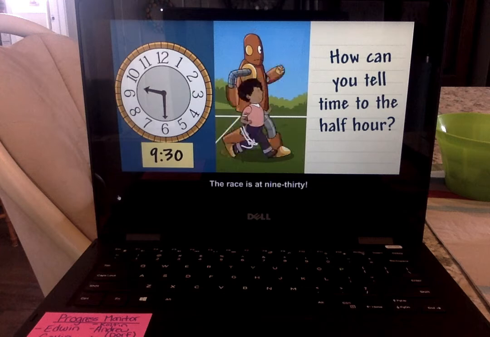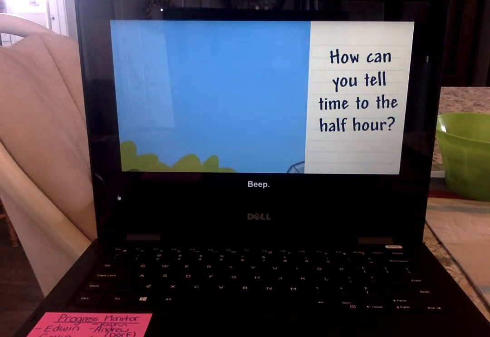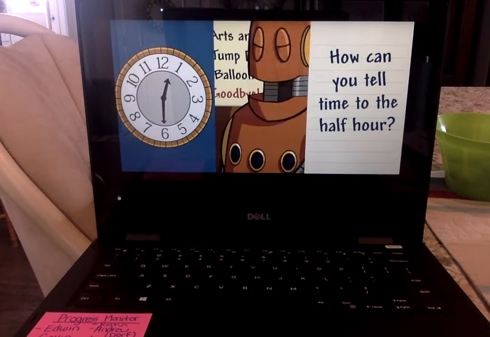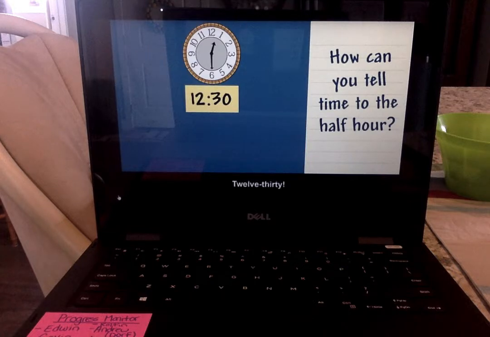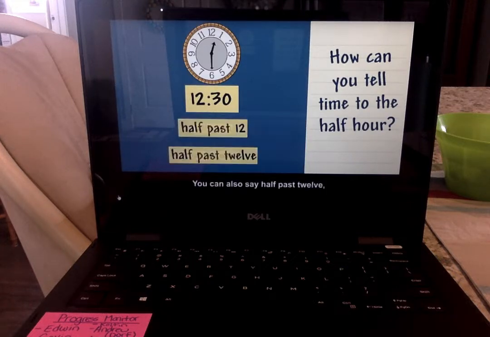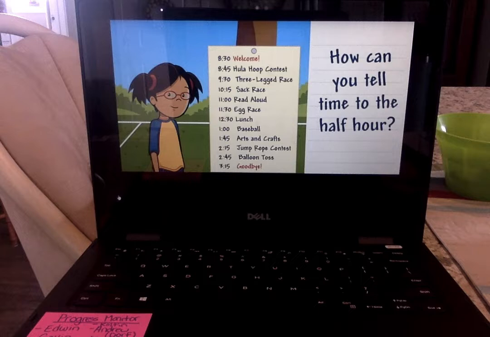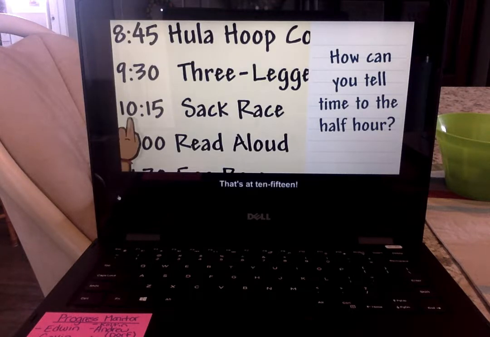The race is at 9:30. What time is lunch? 12:30. You can also say half past 12 because it's a half hour past 12 o'clock. I can't wait for the sack race. That's at 10:15.